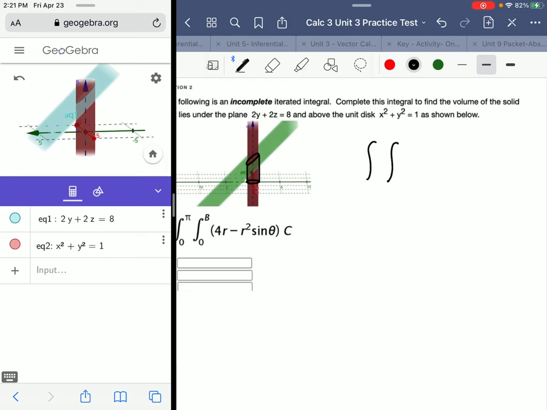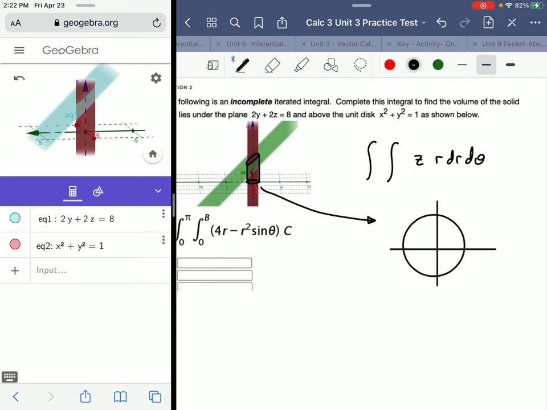All right, so the z equation, I can modify that in a sec, but if I'm doing it in cylindrical, it would be z r dr d theta. All right, so now my bounds would be important, obviously. For the base region, I'm looking at something, like I said, circular. It does appear to be the entire circular region.